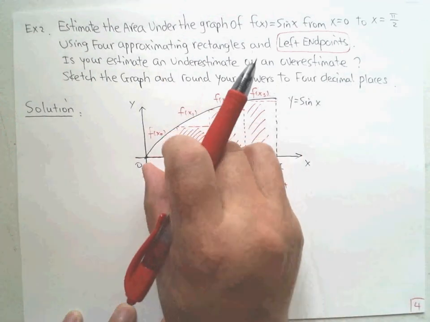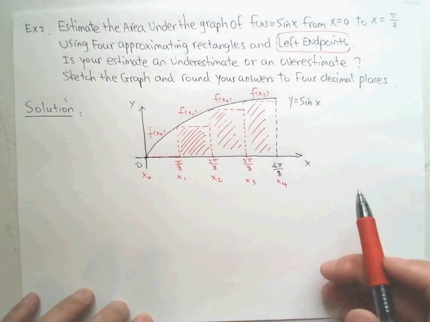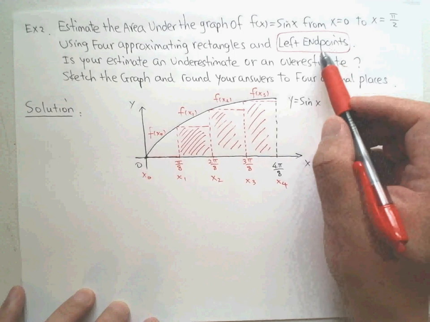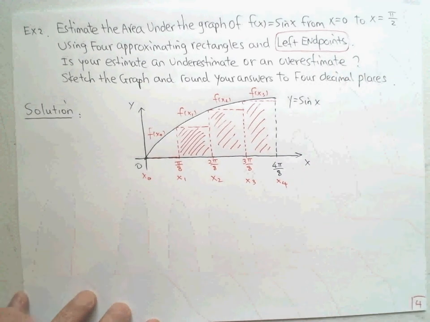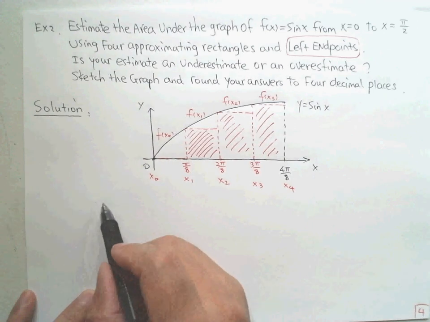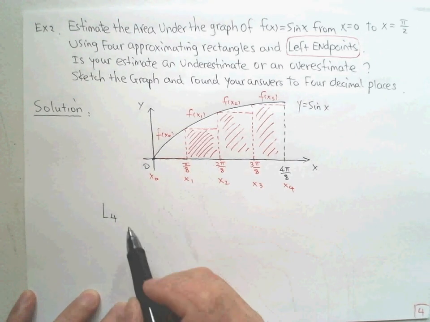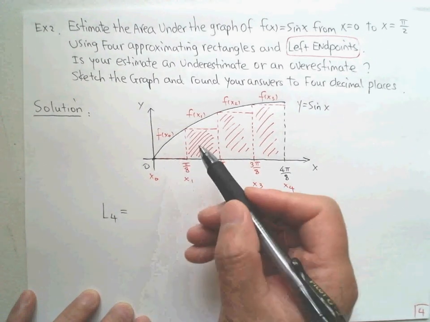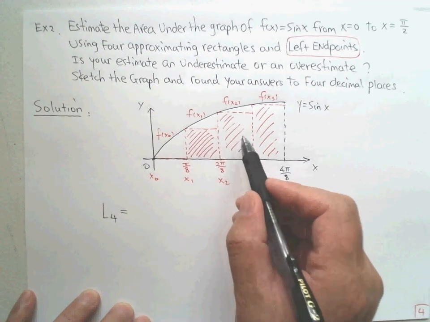The height times the width, added together, is the approximation, the left endpoint approximation. So the question asks us to find L4, right? The first is nothing, then the second, the third, the fourth.